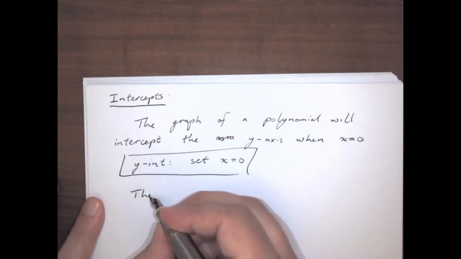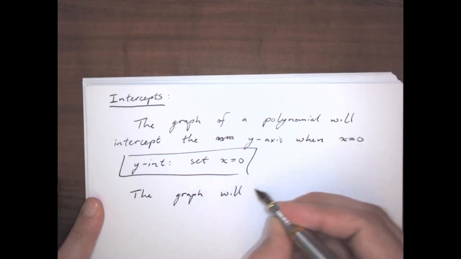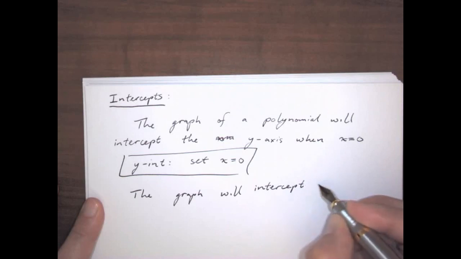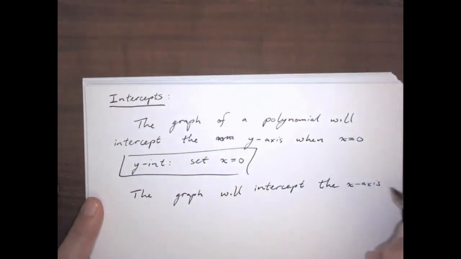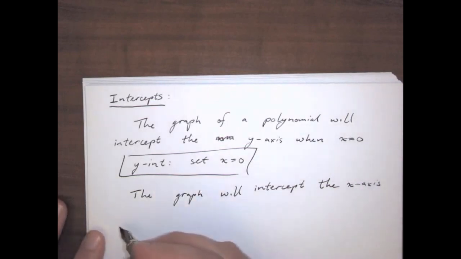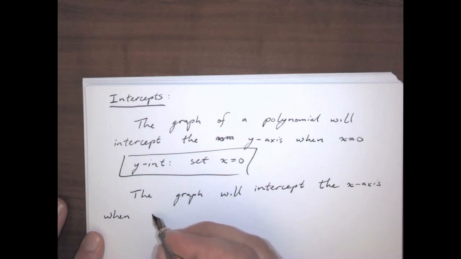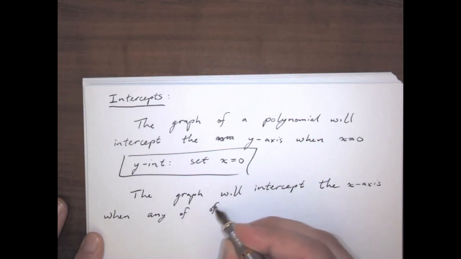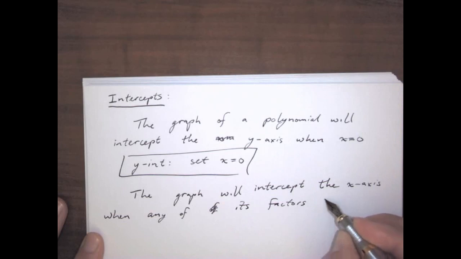And similarly, the graph will intercept the x-axis when any of its factors is 0.